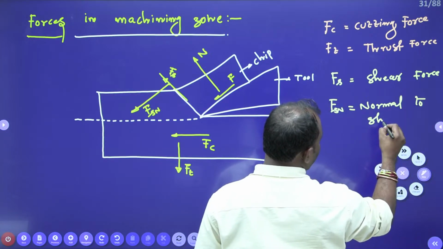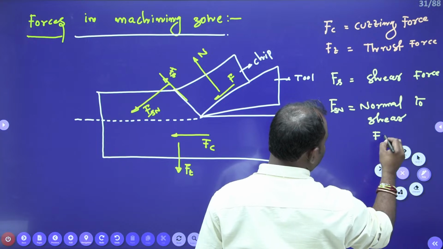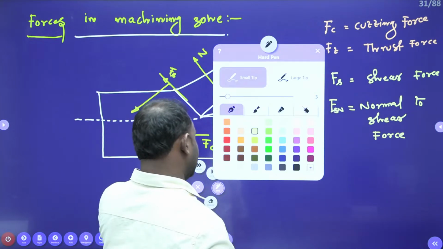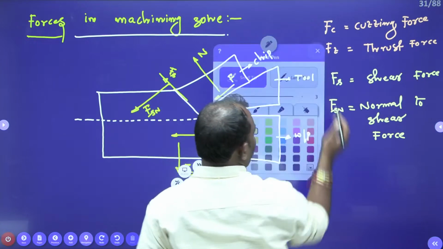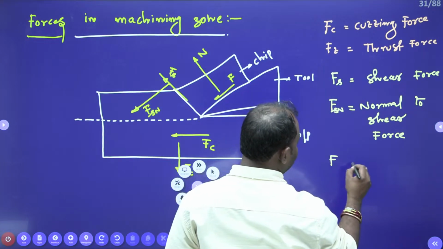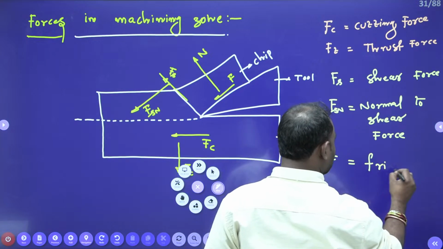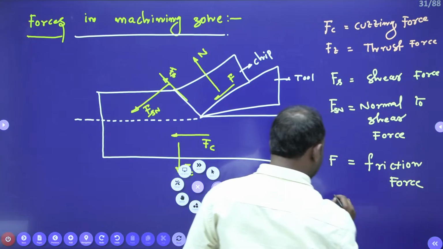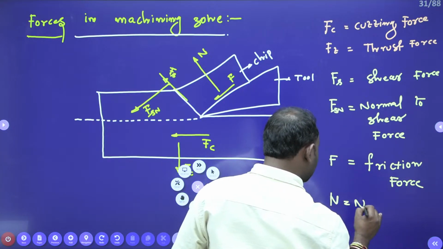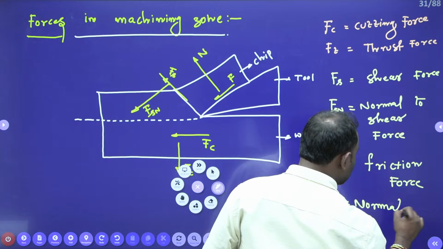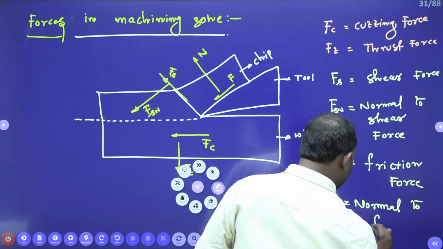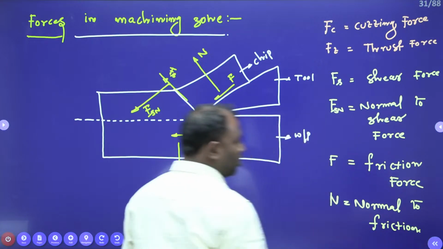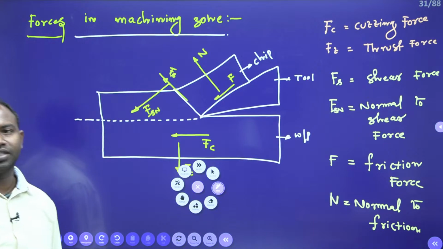Next, F is the friction force, and N is the normal to friction. Yes, guys, understood?